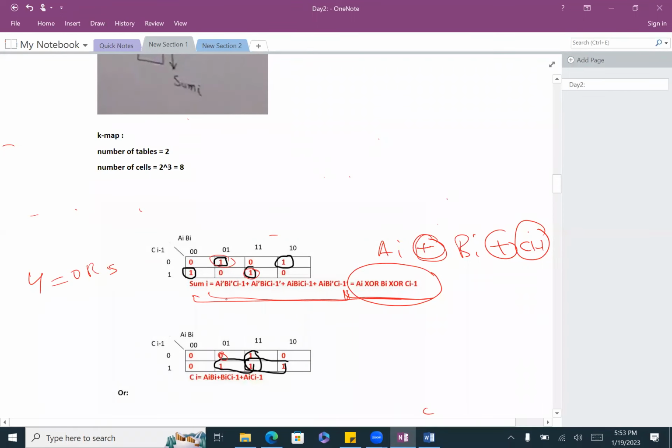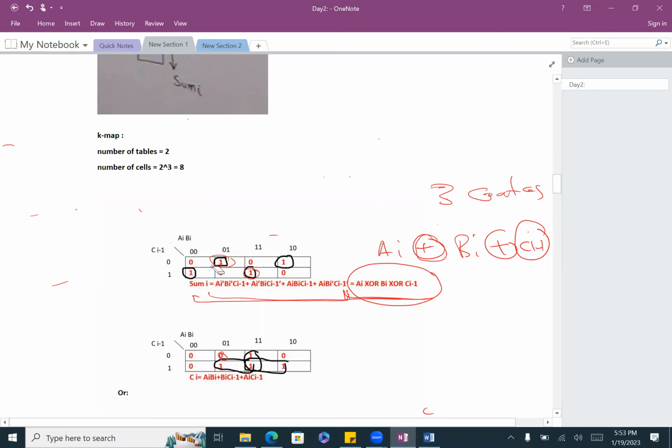I'm sorry, 3 ORs and 4 AND gates. All right. So you have a total of 7 gates. Here you will have only 3 gates. So you're saving money and hardware, but you're slowing the speed, and we'll see how. All right. So now let's go to the carry.